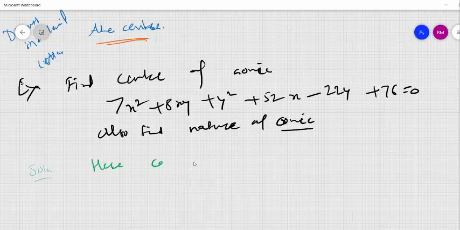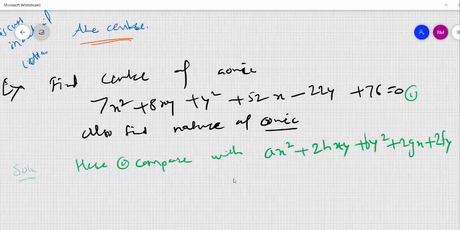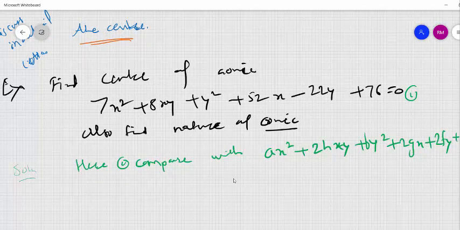Here compare this equation 1 with ax square plus 2hxy plus by square plus 2gx plus 2fy plus c equal to 0. So we get a is equal to 7.